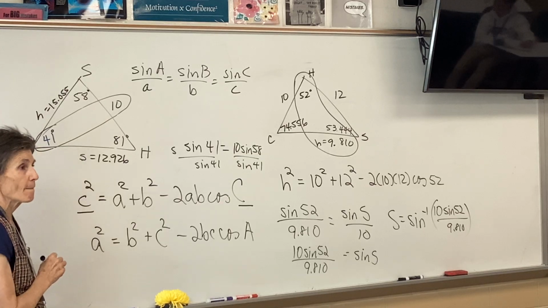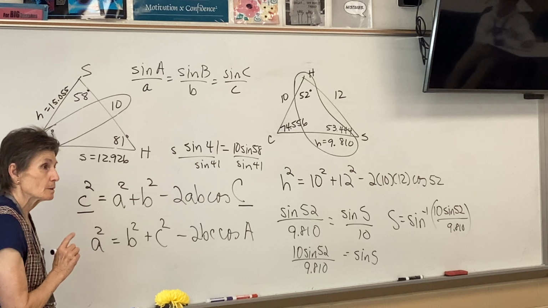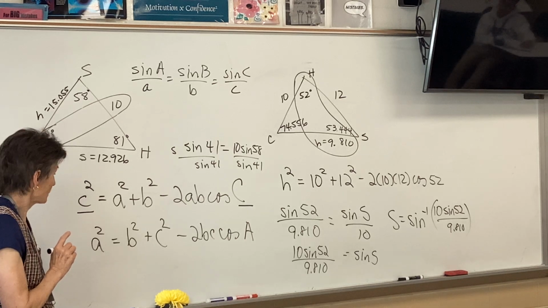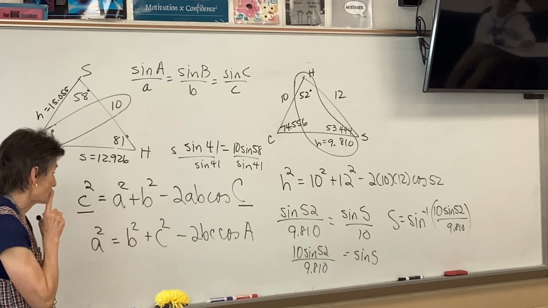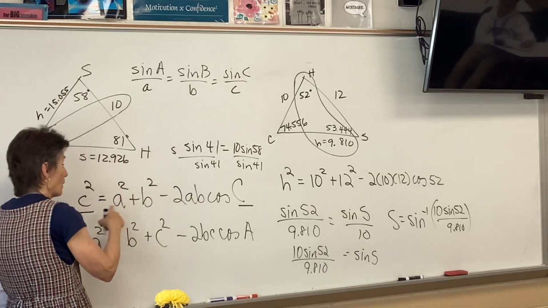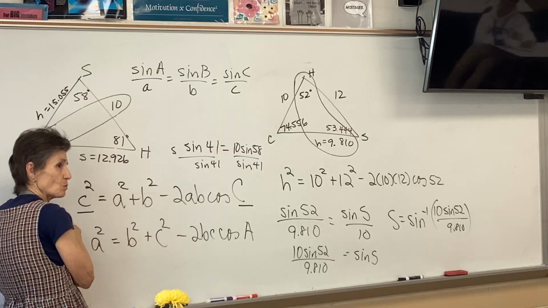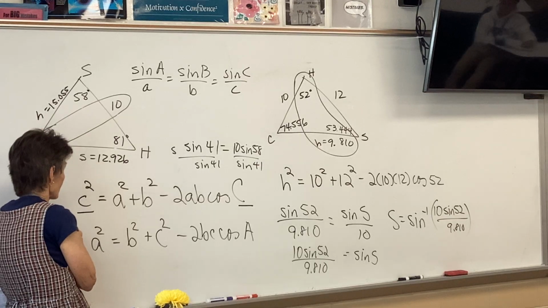Charlie? Couldn't it also be like a squared equals c squared minus b squared plus 2ab cosine C? Like just rearrange the first equation? Yeah. Okay, but then it would be negative a squared. Yeah, but what if you divide by negative 1 on both sides?